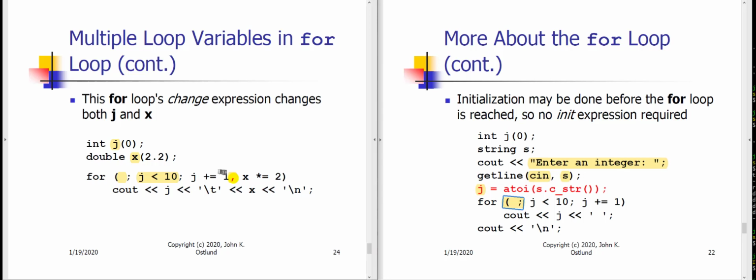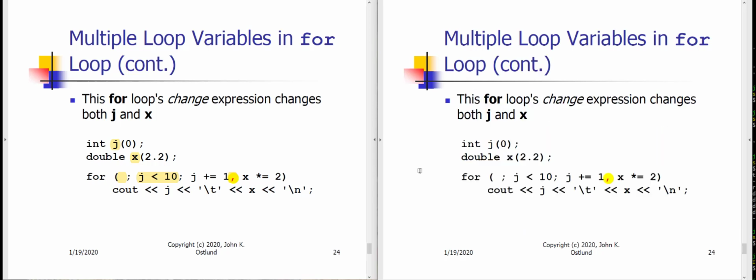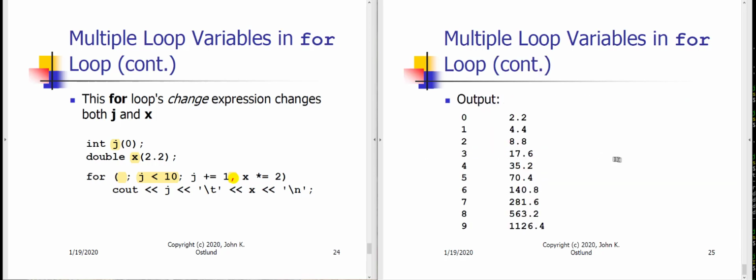Okay, so j will be incremented first, and after j has been incremented, x will be multiplied by 2. Since 1 is less than 10, I'm going to display 1 and 4.4, and then go back and do my change, and I'll display 2 and 8.8, and so forth. The output will look like what's shown here on slide 25.